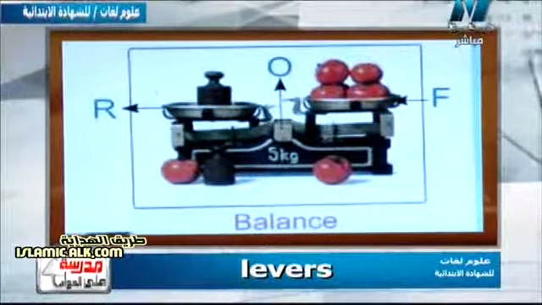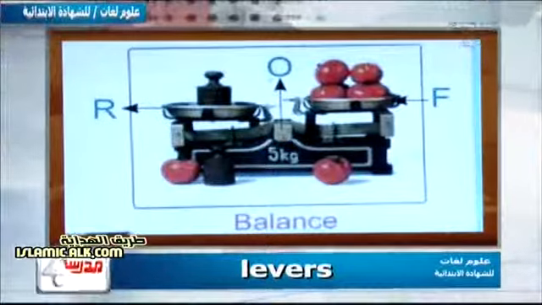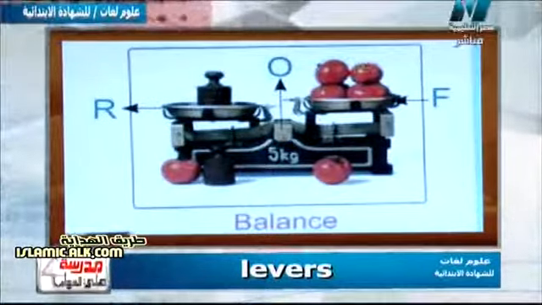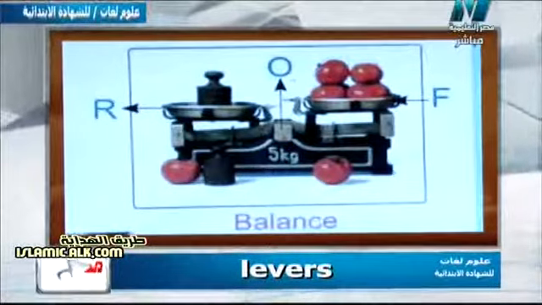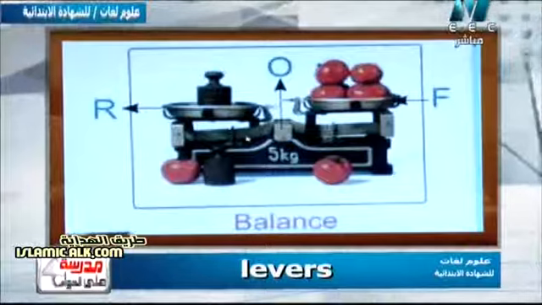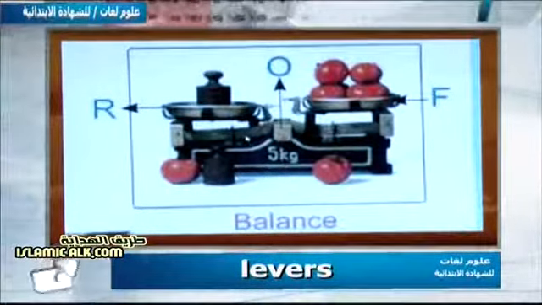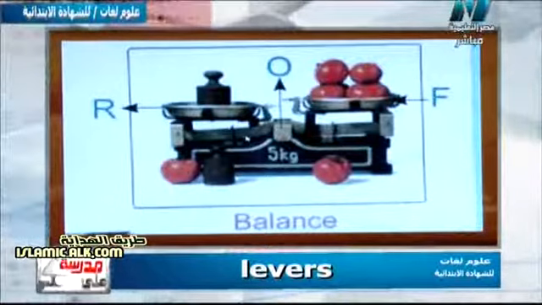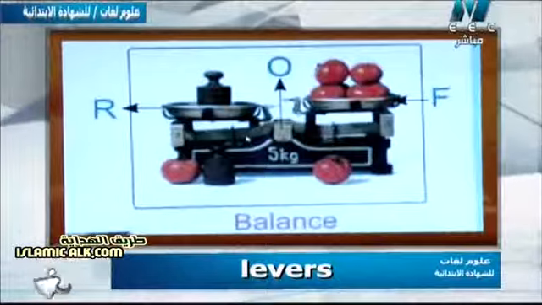So the effort force is not in the middle, but what about the middle point? It will be the fulcrum. The fulcrum is between the effort force and the resistance force. So surely it will be a first class lever. So again, the balance is a first class lever.